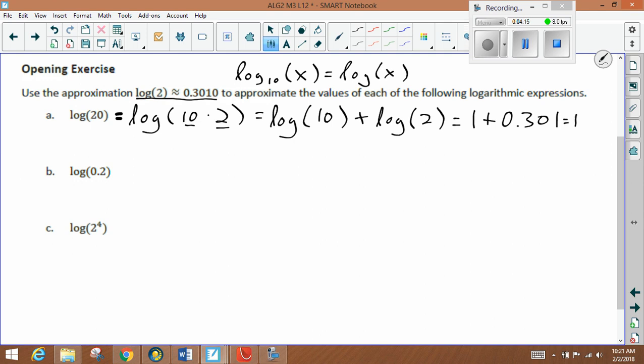And so that's going to be 1.301 if we add it up. This information is given. I didn't just come up with that out of the book.